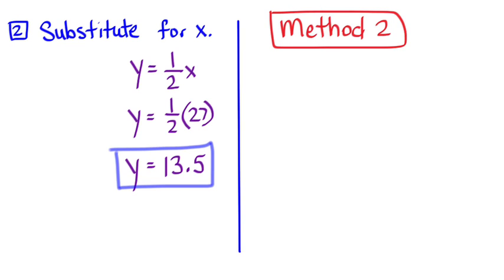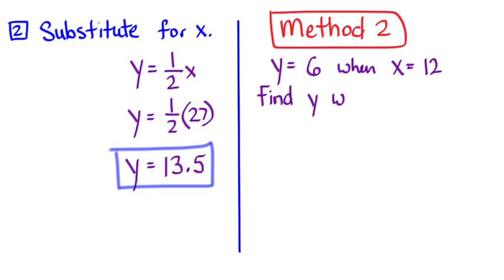Now, method 2 is a little bit more logical, and you could figure this out no matter what because we can always use a proportion. So when y equals 6 and x equals 12, what's y going to be when x is 27? We can just write a proportion, right? Because y has to equal y and x has to equal x.